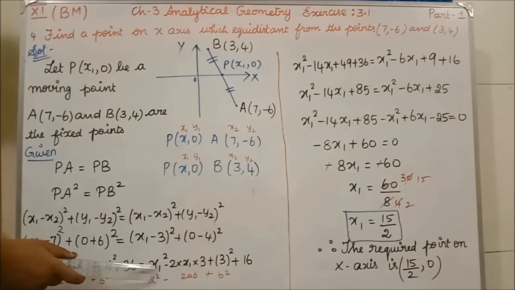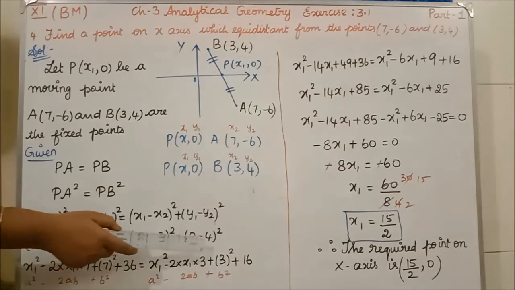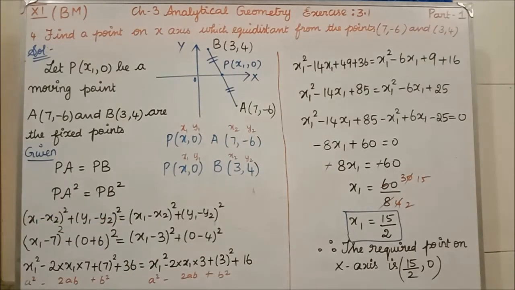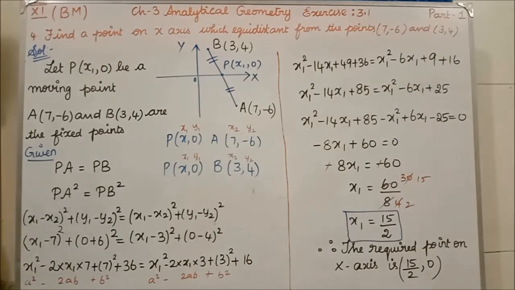Equal to again a square minus 2ab plus b square. 0 minus 4 is what? Minus 4. So minus 4 if you square you will get positive 16. Here minus 4 into minus 4 is plus 16. Clear now all of you?